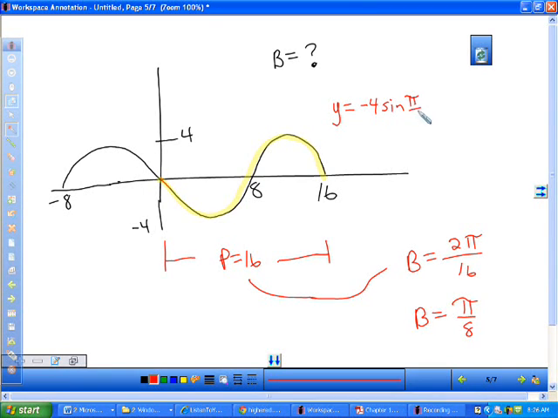B is pi over 8. And I don't have to surround the x by parentheses because my d value is 0, and also my c and my d values are 0, right? So that's my equation right there.